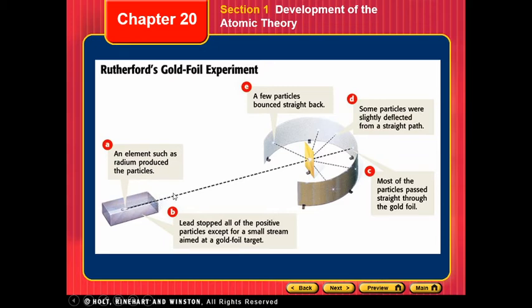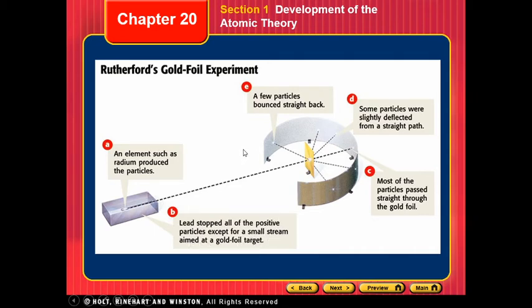The particle is a positive charge particle. So the lead stopped all the positive particles. This is the lead part, like a metal lead. It stopped all the positive particles except for a small stream aimed at the gold foil.